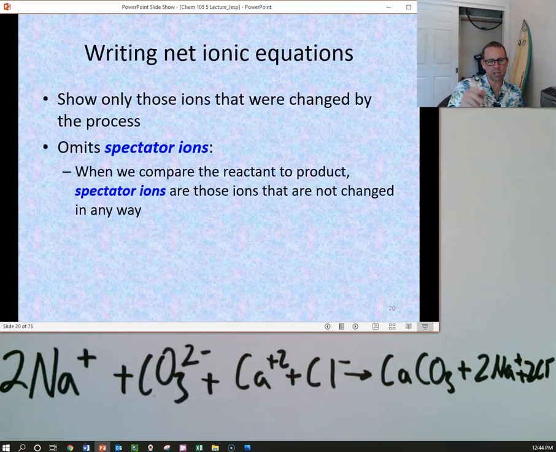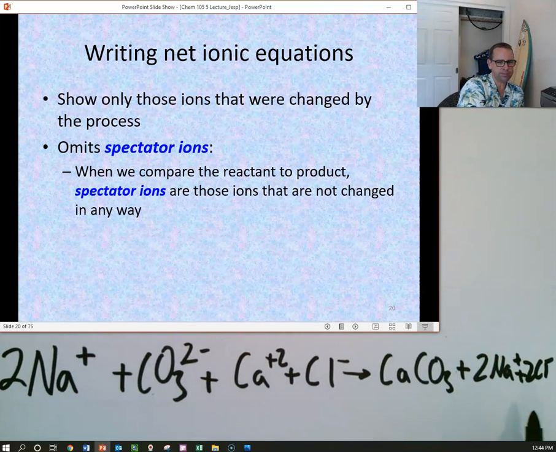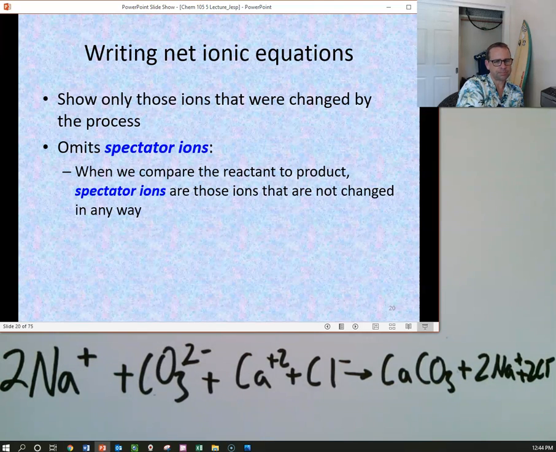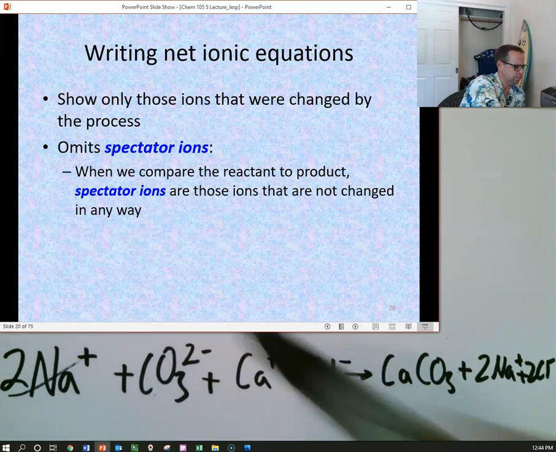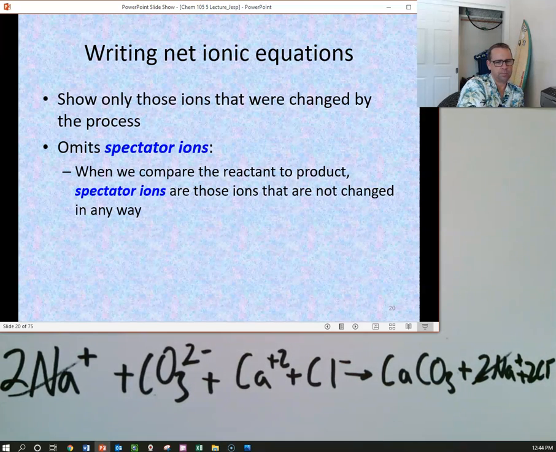So now, spectator ions are the ones that can be removed from the ionic equation because they don't undergo any chemistry. Can you see the spectator ions in this reaction? Yes. What are they? 2Na. Very good. Chloride.